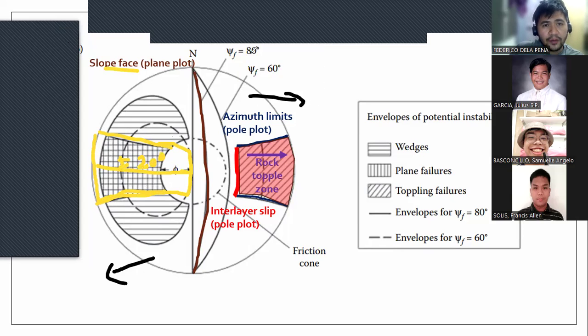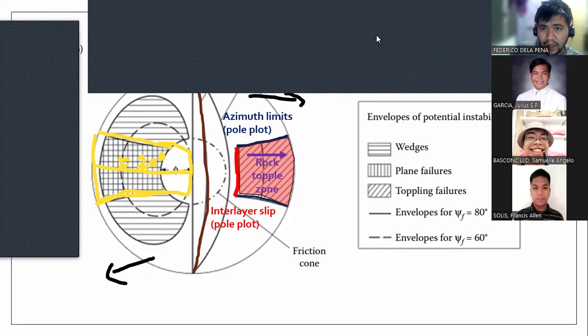Okay. For the arc format. So if you're going to express this in the pole plot format, you have to flip this again. Okay, so you have many flips to do. You have to flip this again and it will look like this. Okay.